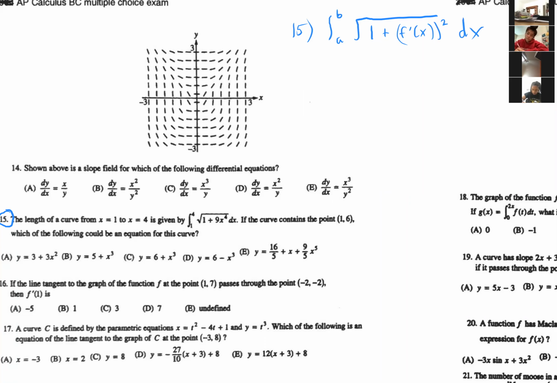So this one, they're giving you the integral. So this right here has to equal this up here. So I'm going to write a new equation. It says 9x to the 4th equals my first derivative squared.